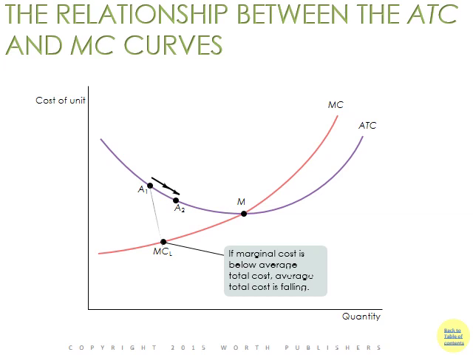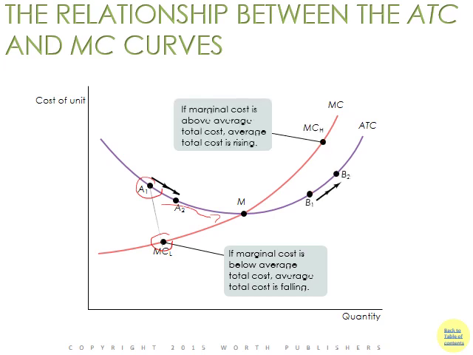And as we explained before, intuitively, if marginal cost is less than average total cost, then average total cost is going to be going down. But if you're at an output level where marginal cost is above average total cost, average total cost is going to be going up.